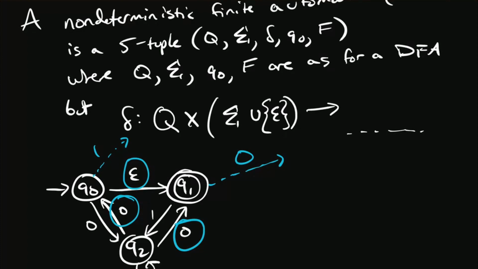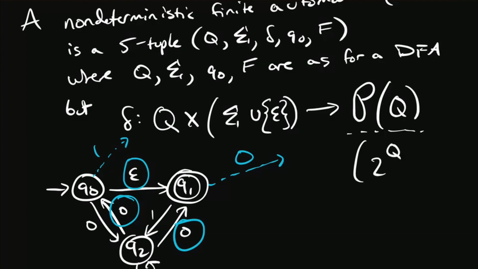What do we usually call the thing that has all possible subsets of something? Star set? Not star. The power set of something. So we're going to go to the power set of Q. Sometimes the notation 2 to the power Q is used. We're going to use the scripty P thing.